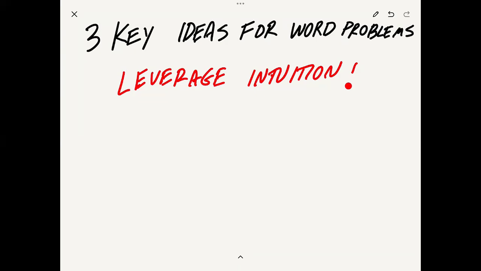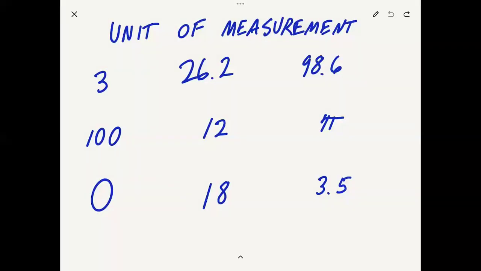So the very first thing I want to say is these are numbers. In a sense, these are real numbers in the truest sense of the word. These are all real numbers: 3, 26.2, 98.6, 112, pi, 0, 18, 3.5. Those are all numbers. But in the sense of word problems, these are not real.